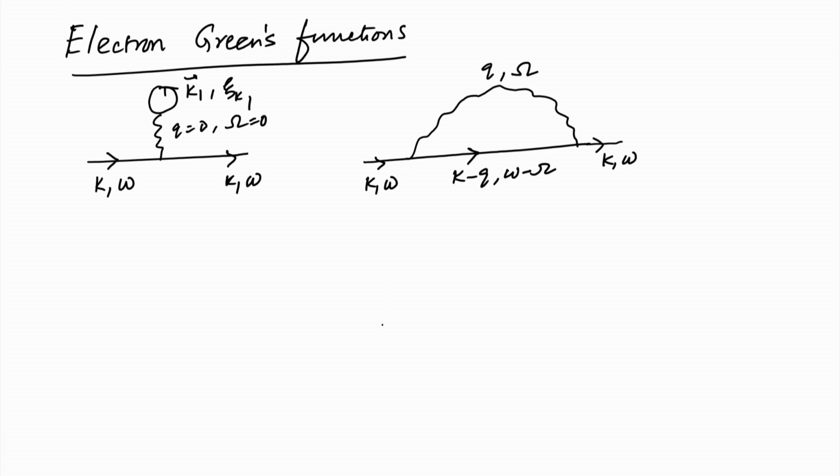So, let us call this as A. At this point, there is a vertex or a wiggly line which has a strength V q and has an energy dependence which goes as omega. So, that takes away some momentum and energy. So, the electron is left with k minus q and omega minus omega. Finally, they reunite here at the point B and continue as k and omega.